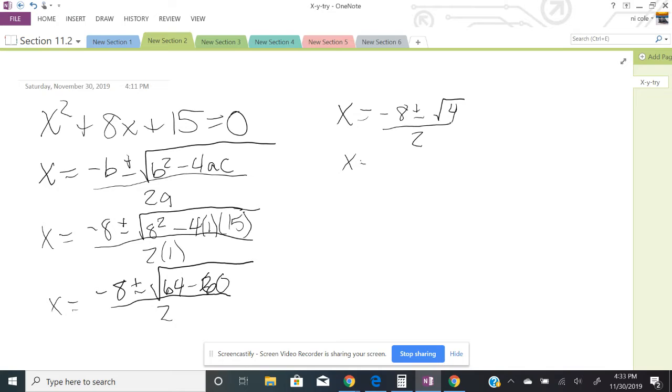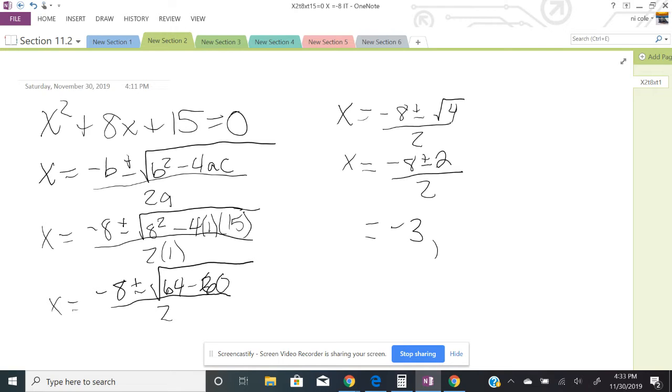So now I get x is equal to negative 8 plus or minus 2, over 2. Negative 8 plus 2 is negative 6, divided by 2 equals negative 3.